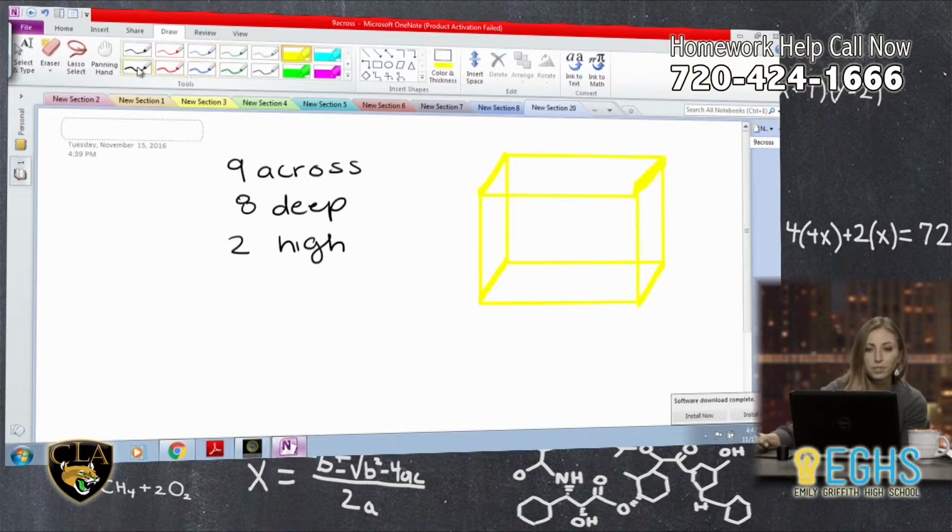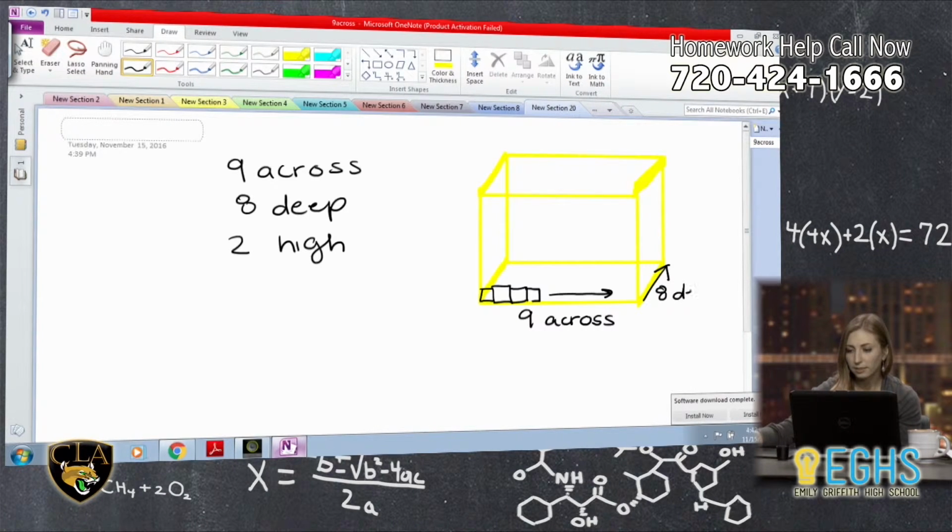Okay, so we said that it was 9 across. I'm going to label these dimensions here. You can picture that there are 9 little blocks of cheese the whole way across. And then 8 deep, so maybe that's this dimension.